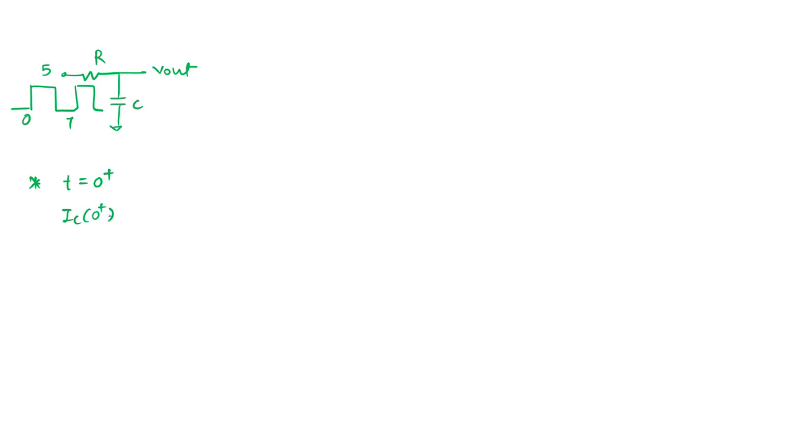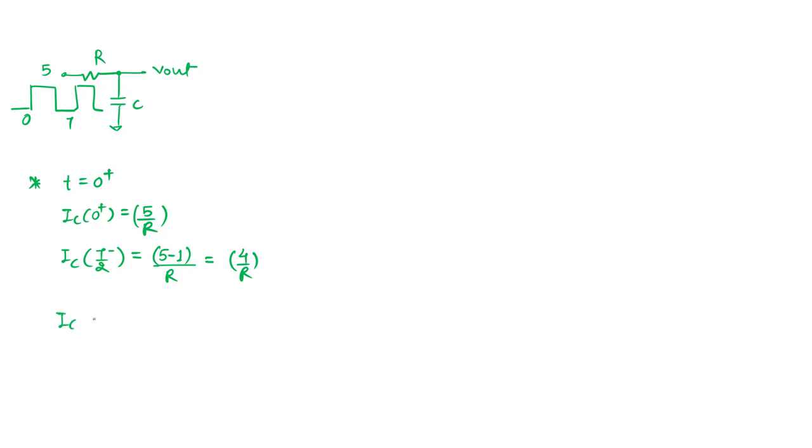At 0 plus it is 5 by R. At T by 2 minus, in terms of voltage, the capacitor voltage is 1 volt. So it is 5 minus 1 volt by R, which is nothing but 4 by R. This is the current value.